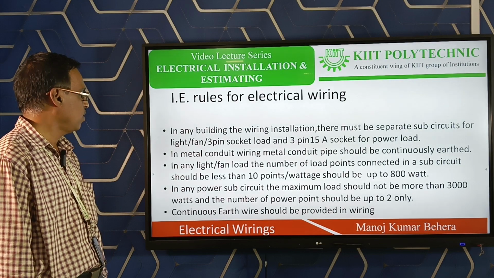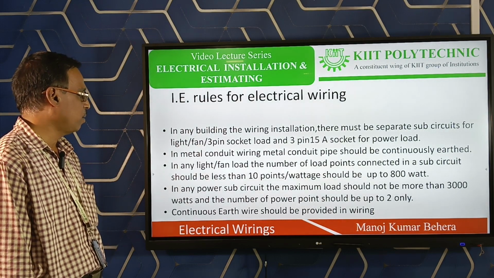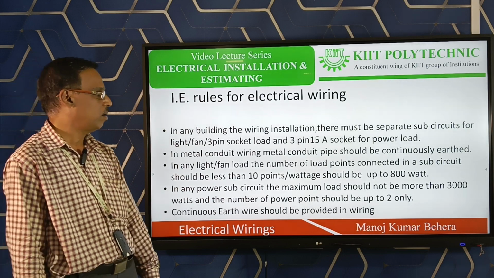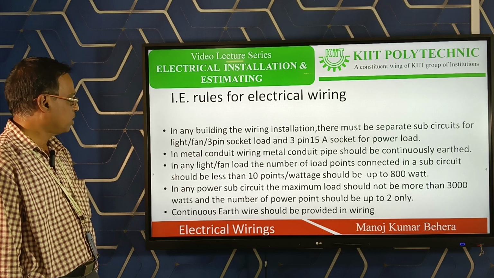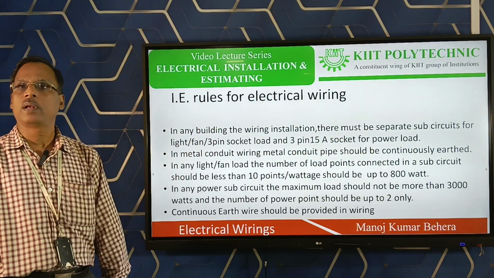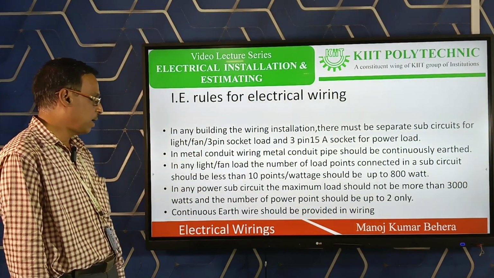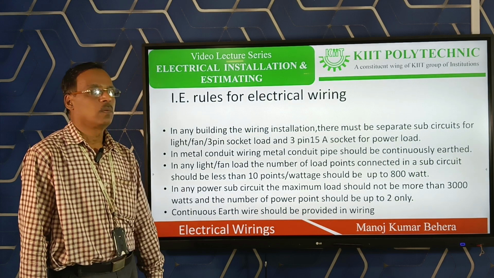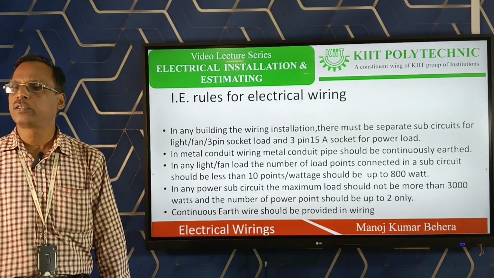In the light and fan sub-circuit we can use a maximum of 10 points or a wattage of 800 watts. Sockets should be 3-pin sockets, either 5 ampere or 15 ampere. For any power load we can use a maximum of 3000 watts or a maximum of 2 points.